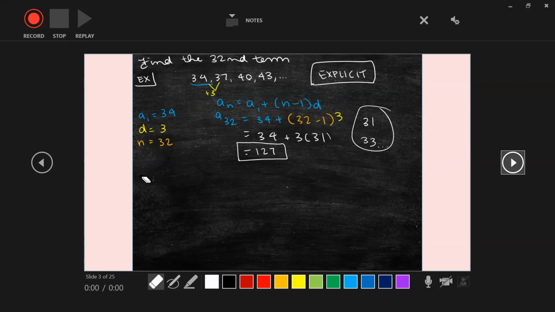Another example that you might see is going to be the setup of find the 17th term. And you'll just be given A sub 16 is equal to 18 and D is equal to 5. That's all you're going to be given.